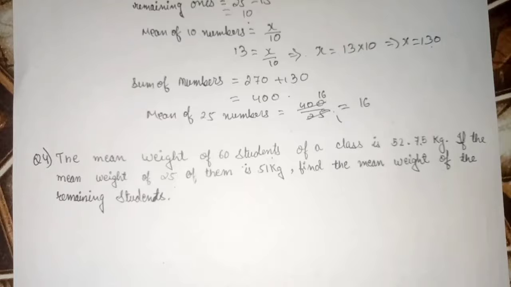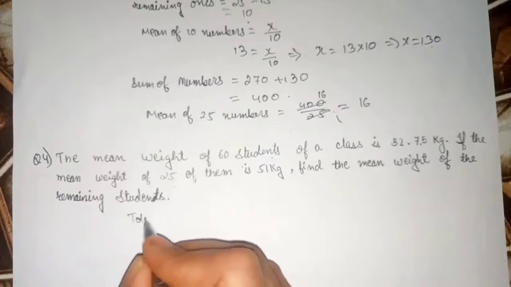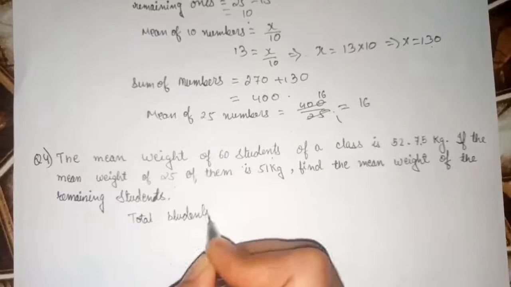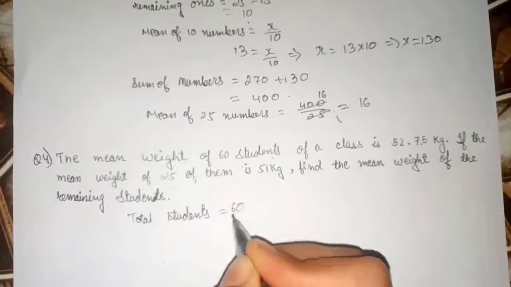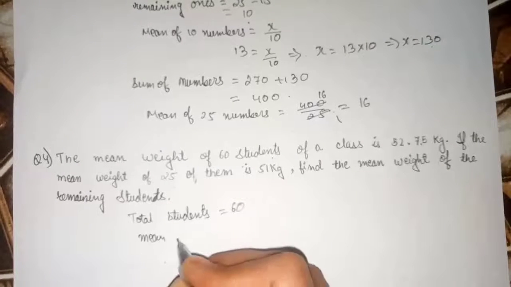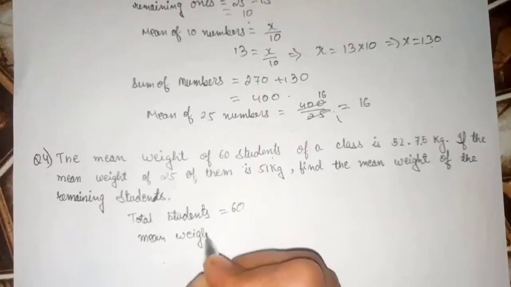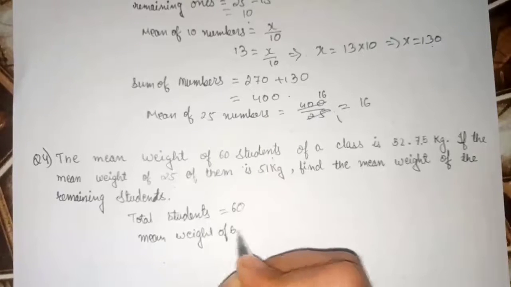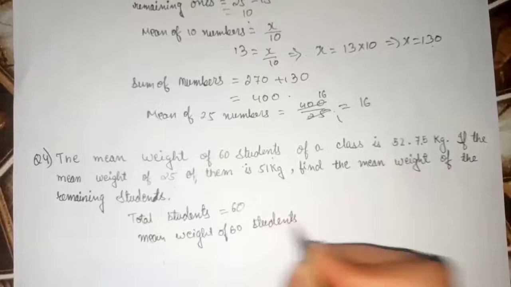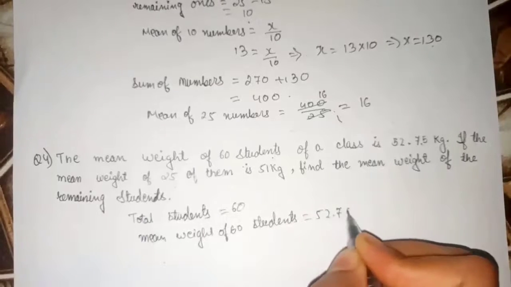First of all, we will write here total students. So total students we have given 60. So total students equals 60. Okay, so mean weight of 60 students equals 52.75 kg.